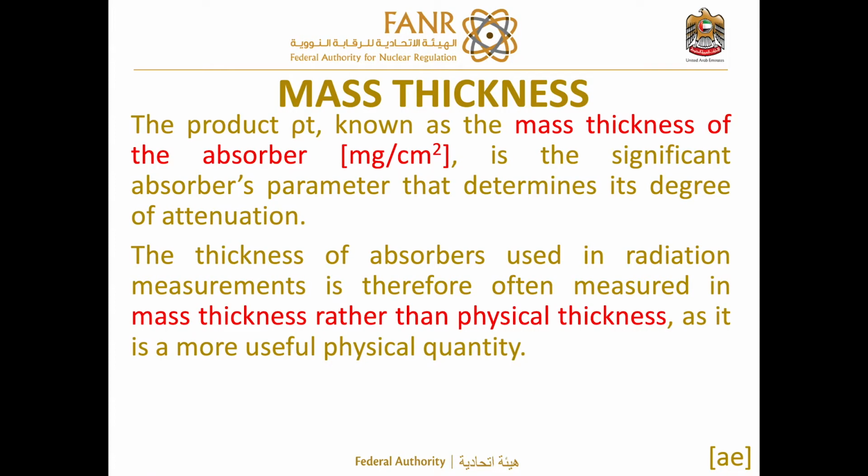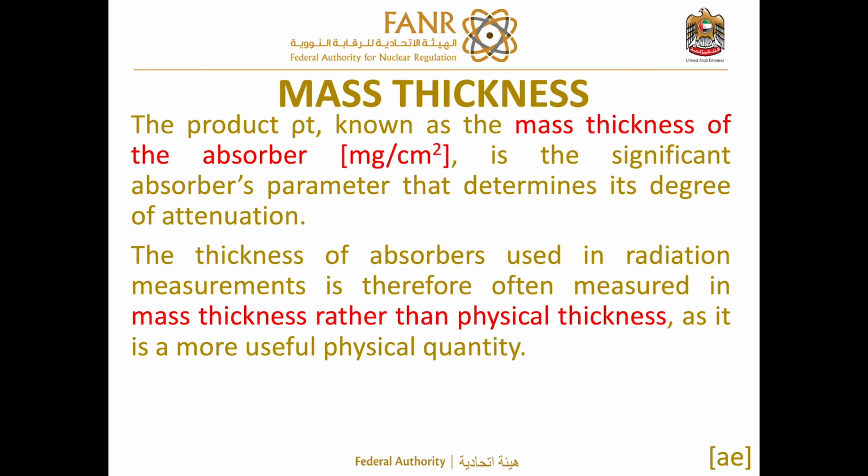And the reason why I'm introducing this, it's because it is the standard way to indicate an attenuation thickness. We will not say that the shielding is 2 centimeters or 2 millimeters. We would say that the attenuation is, for example, 80 milligrams per centimeter square. So the unit in which we are expressing this thickness is a mass divided by an area.